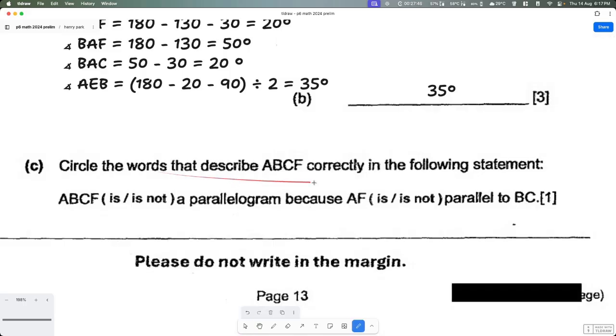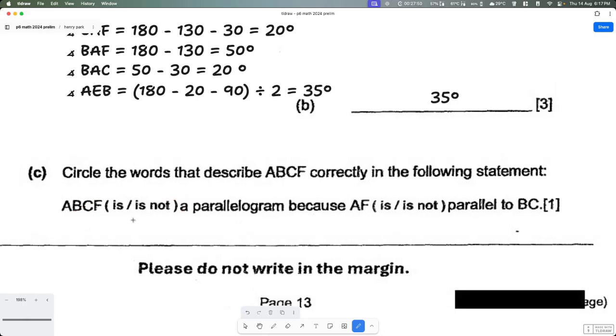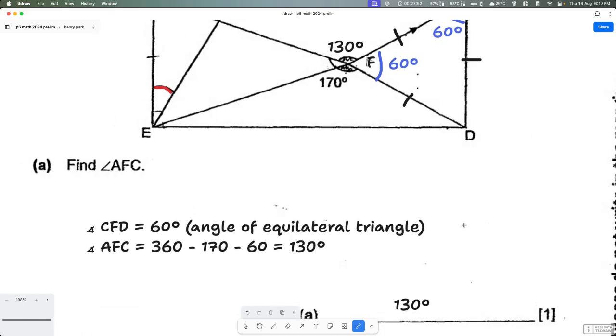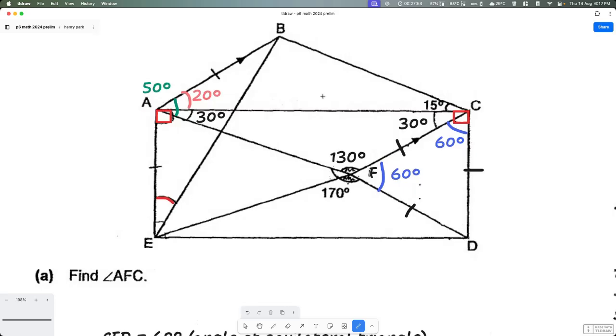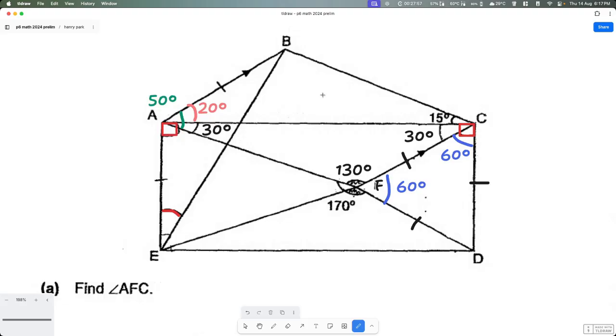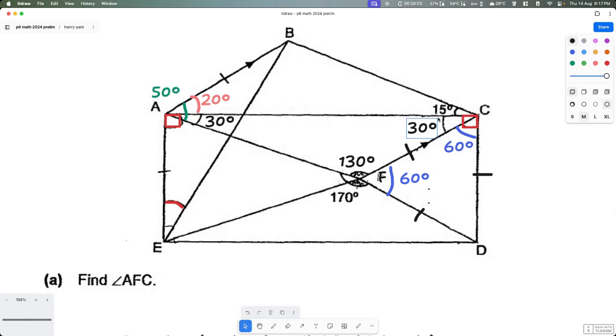Circle the words that describe ABCF correctly in the following statement. ABCF is or is not a parallelogram because AF is not parallel to BC. Okay, so over here, we can actually calculate this part.